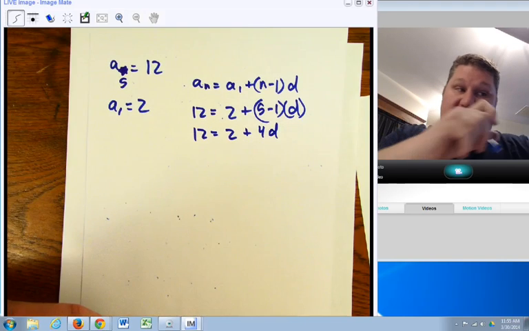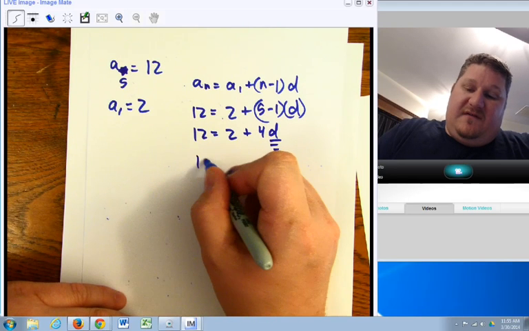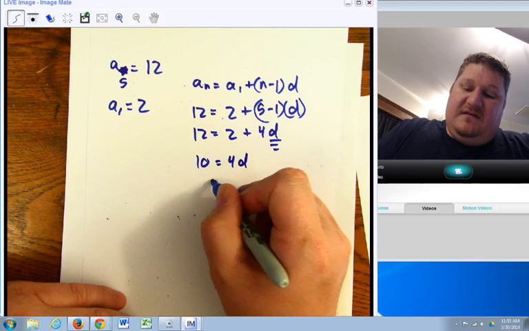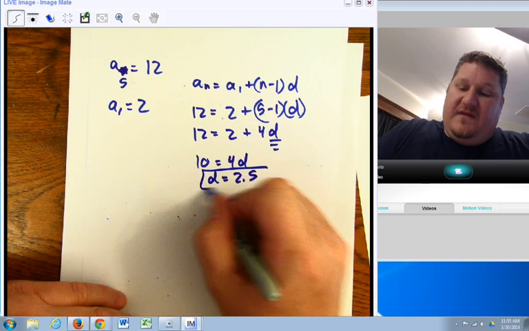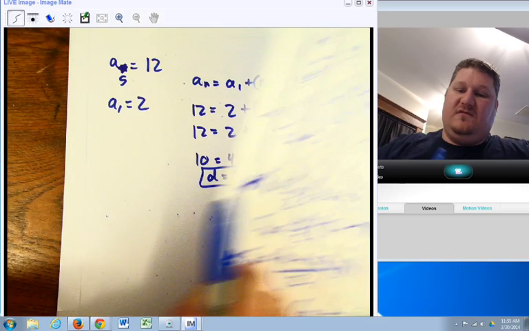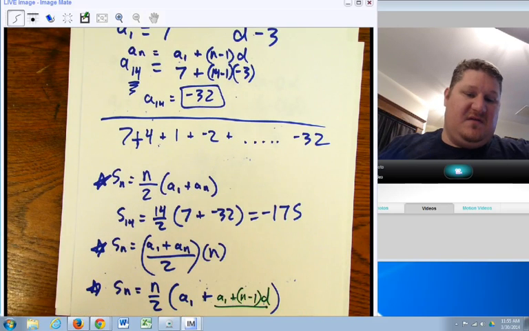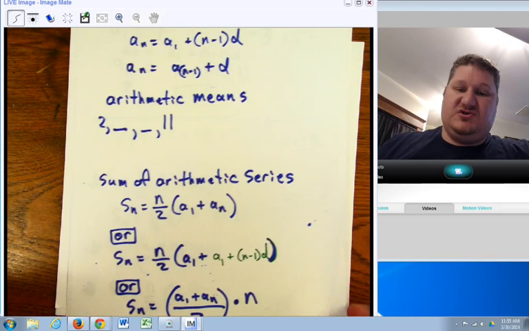At this point, all I have to do is solve for d. And so I have 10 equals 4d, d equals 10/4 or 2.5. This is just one example of how you may have to use any of these formulas in reverse by taking what you know and finding what you don't.